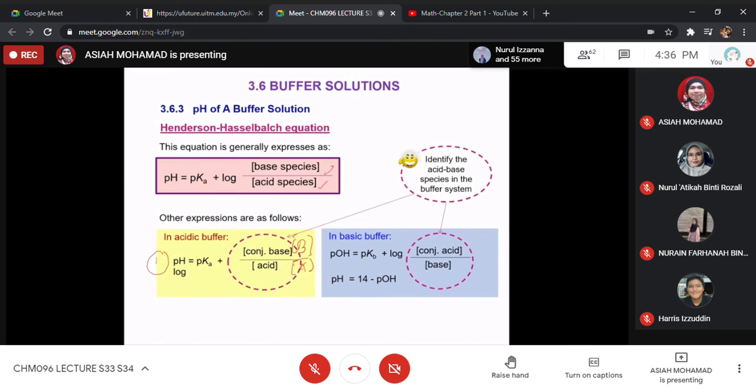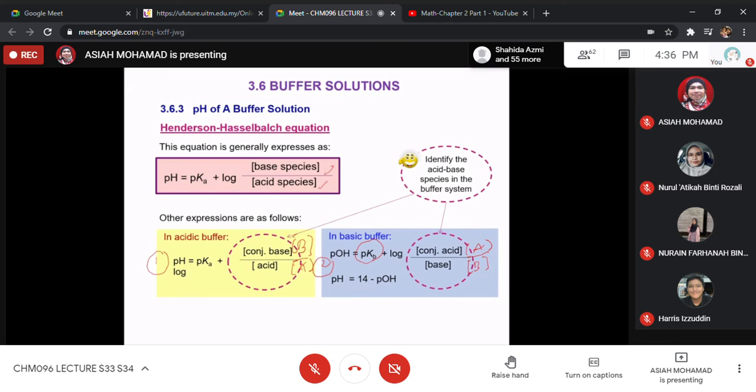For a basic buffer, you can use the equation where pOH equals pKb plus log of the concentration of acid over the concentration of base species at equilibrium.